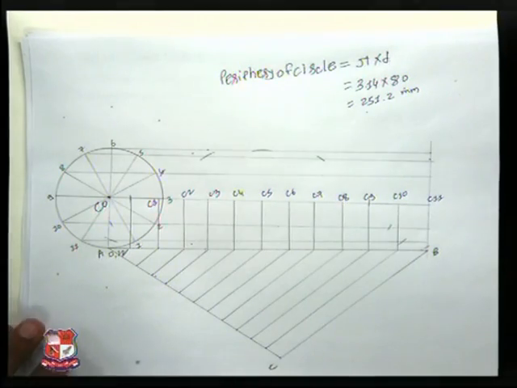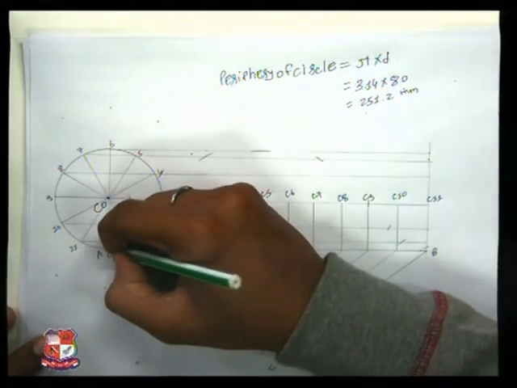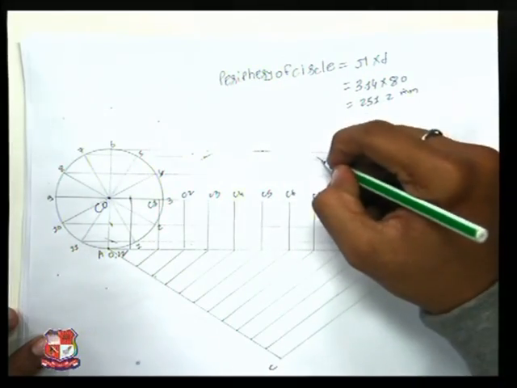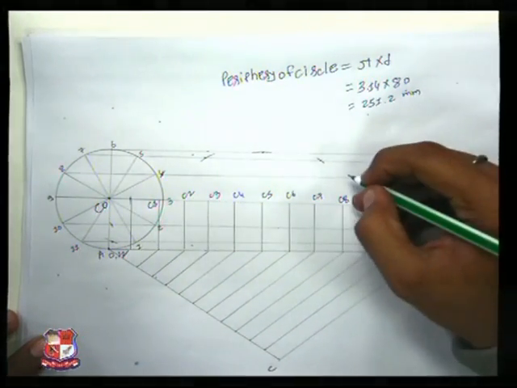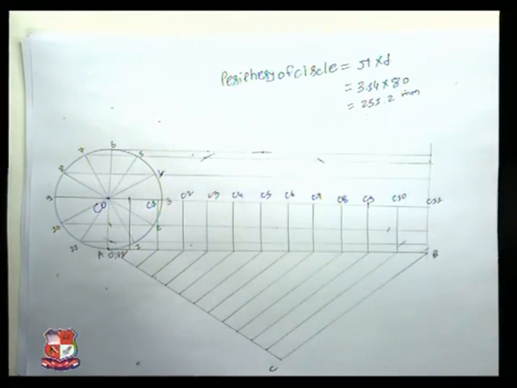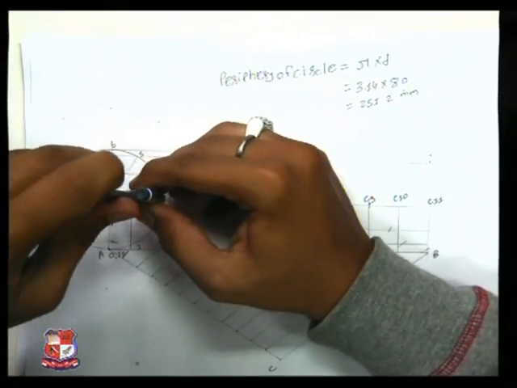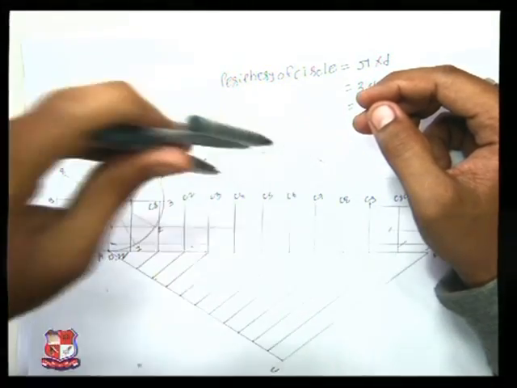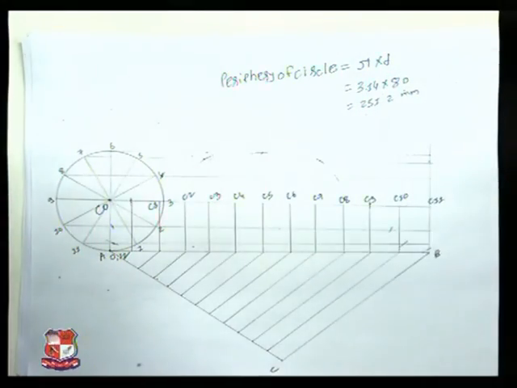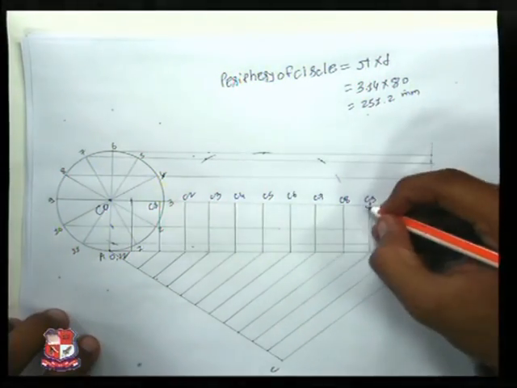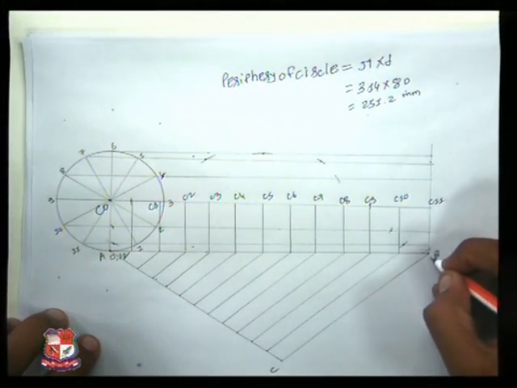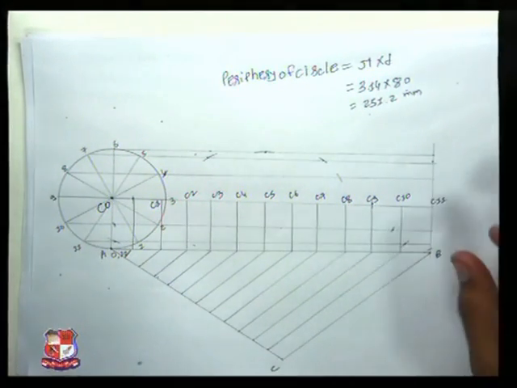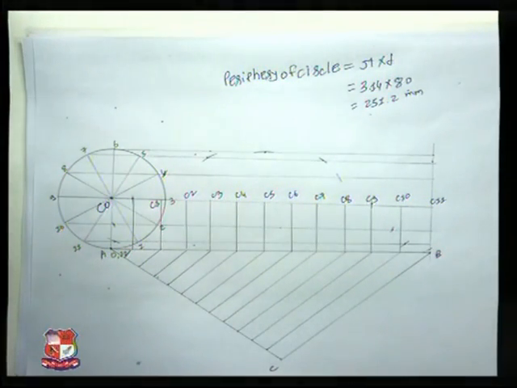We have got the divisions, we have got the points through which our cycloid is passing. This is how you can trace the cycloid.